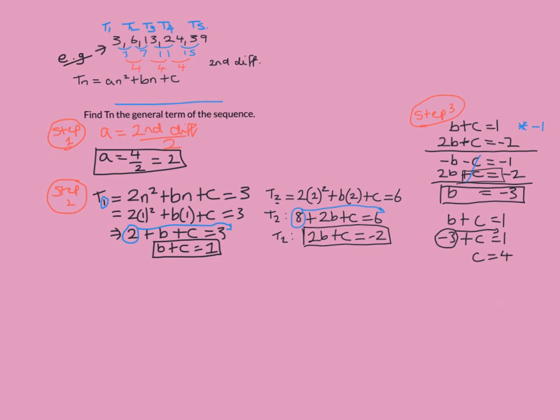So my step 4 then, I'm going to pop that back into the Tn term that we have here. Tn equals an squared plus bn plus c.